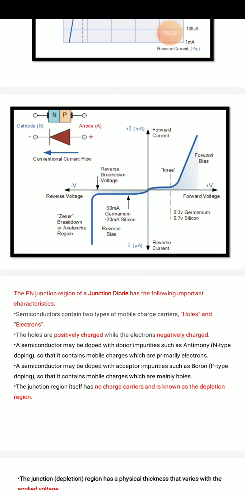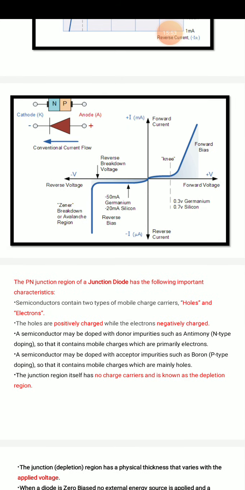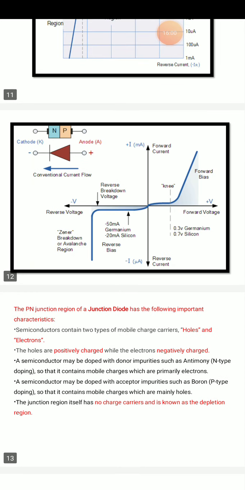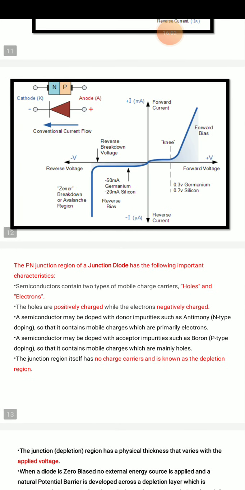For example, if it is a germanium PN junction diode, minus 50 milliamps is more than sufficient. If it is silicon, minus 20 milliamps is more than sufficient to reach the Zener breakdown or avalanche region. This is the very important VI characteristic for the PN junction diode.